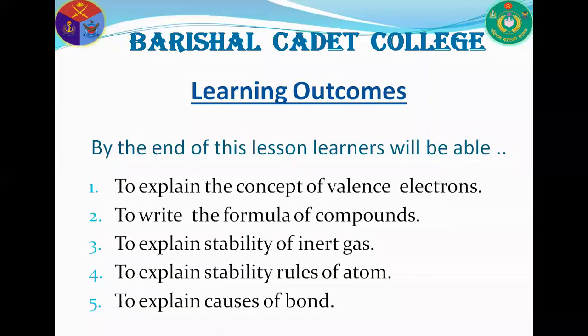At the end of the session, you will be able to explain the concept of valence electrons and valency. You can write the formula of compounds, explain stability of inert gas, explain stability rules of atom from its electronic configuration, and explain causes of bond formation.